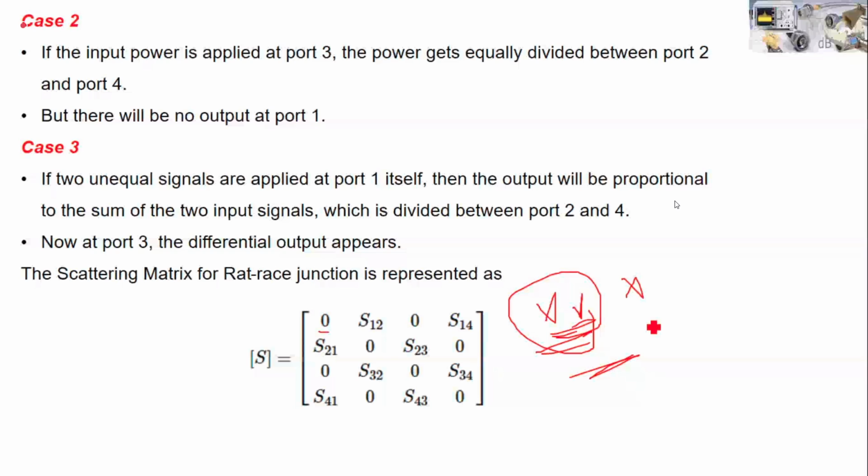So this is all about the different types of waveguide T's. We have E plane T, H plane T, E-H plane T and rat race junctions. These are very important. Please learn this, practice derivations of this and do it.